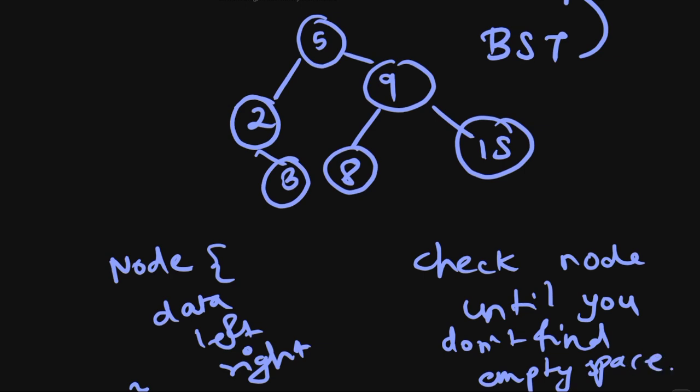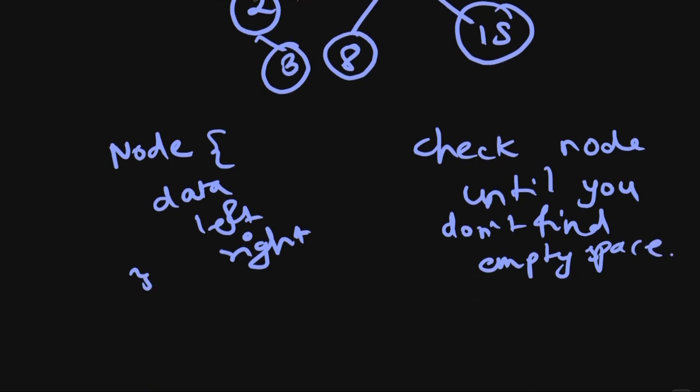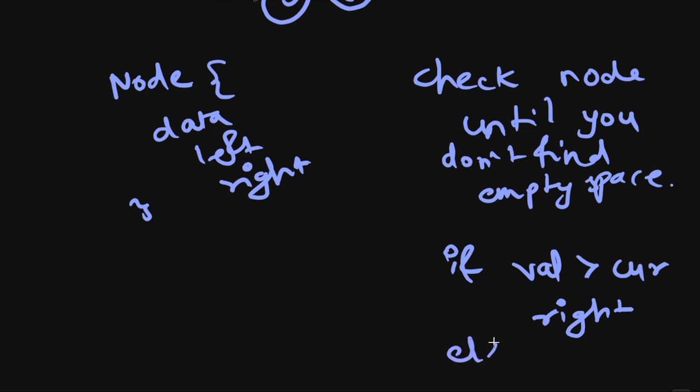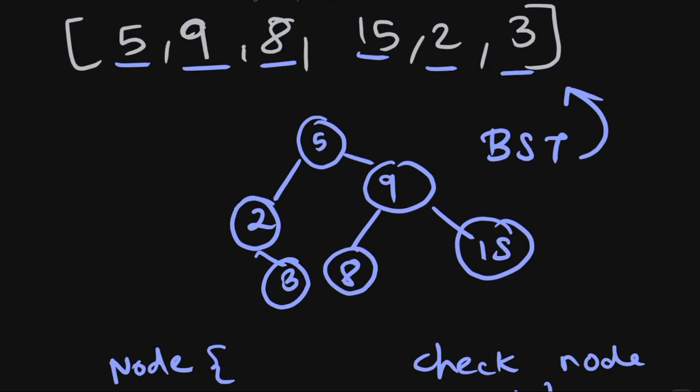So basically we have two conditions. If the value which we are going to add is greater than the current, we will go to the right part, else we will go to the left part. Simple as that. So what we are doing is we would first check for 5, then for 9, then for 15, and then do the thing.